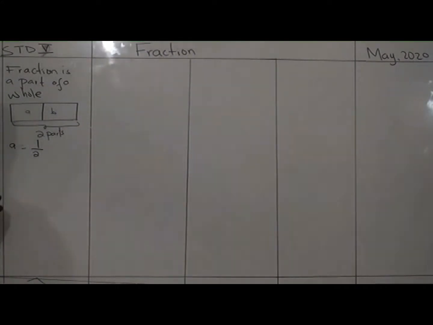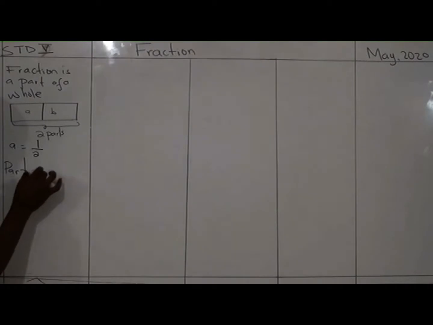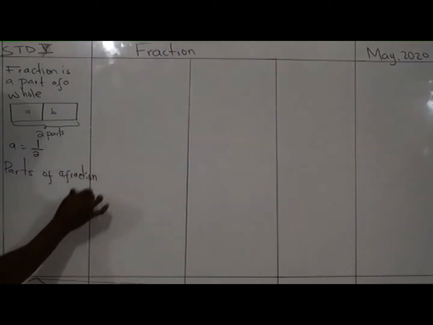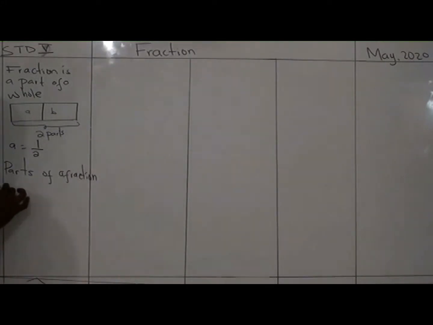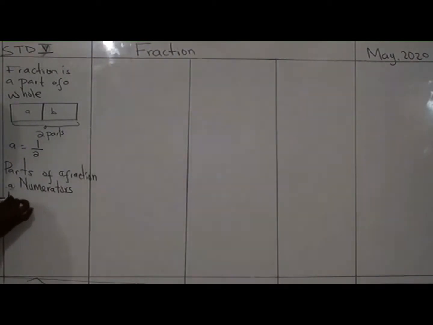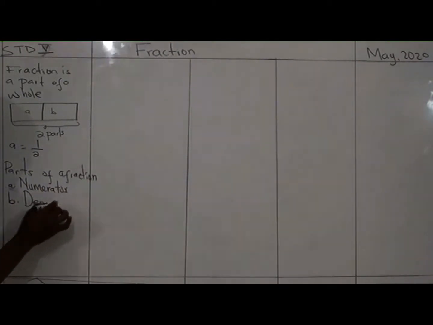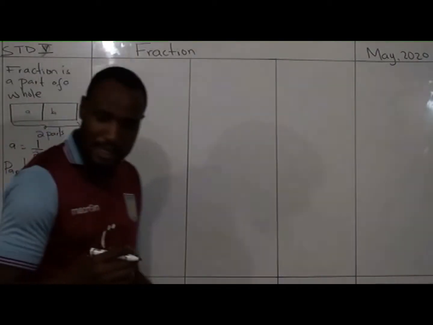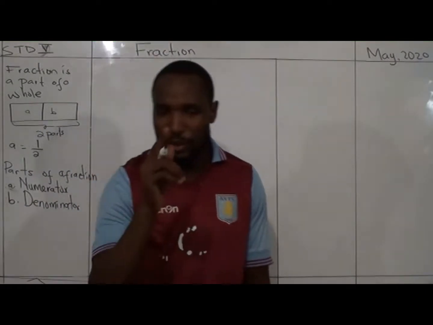Now after that, we can go to parts of a fraction. What are the parts of a fraction that you know? I want you to realize that there is part A, we have numerators, and part B, we have denominators. We have numerator and denominator. Now, what is a numerator and what is a denominator? There's a question you need to ask yourself.